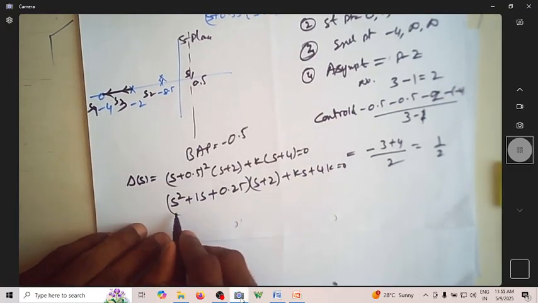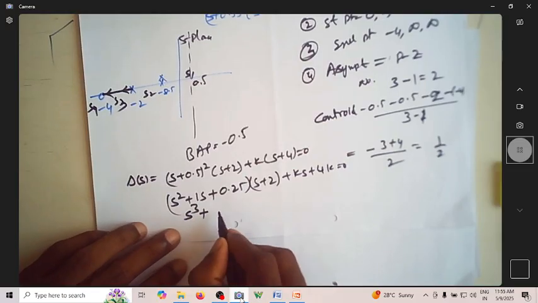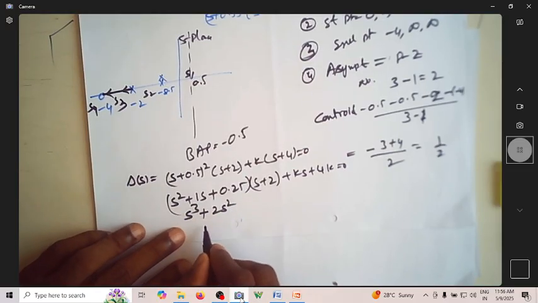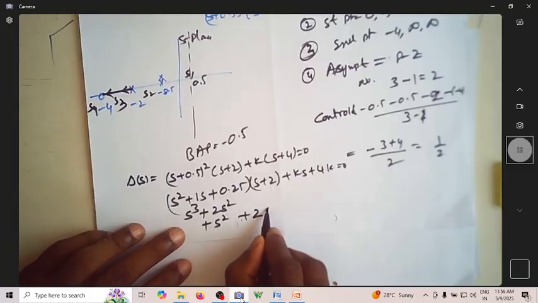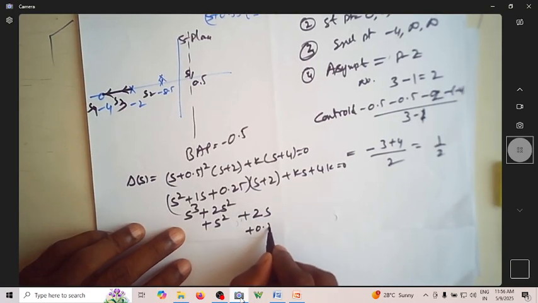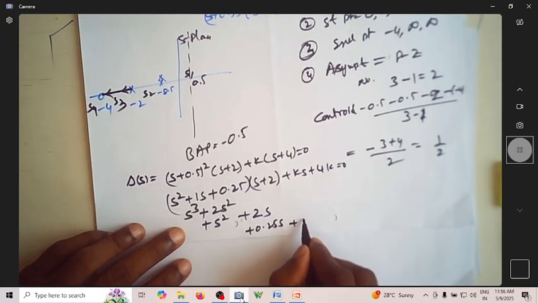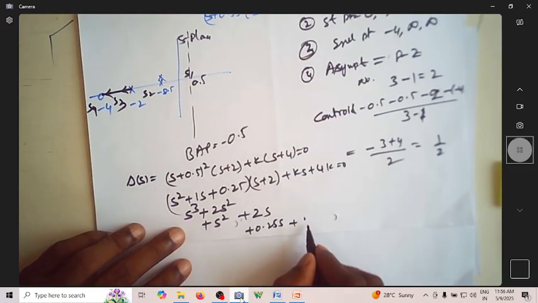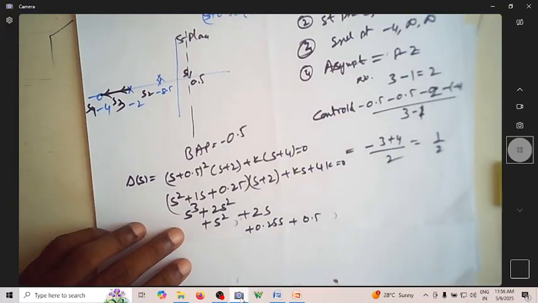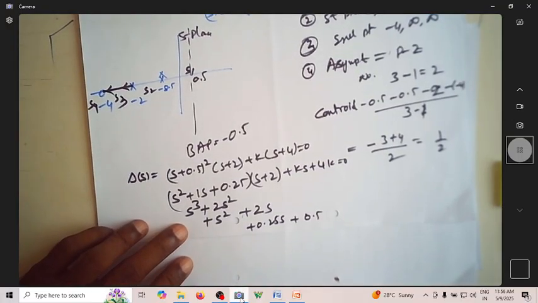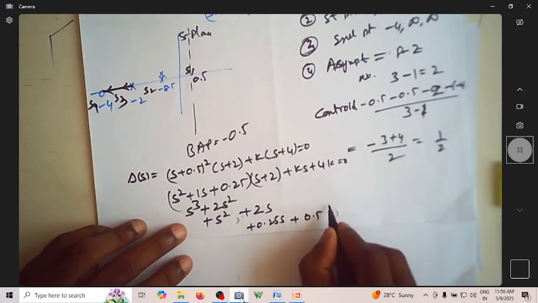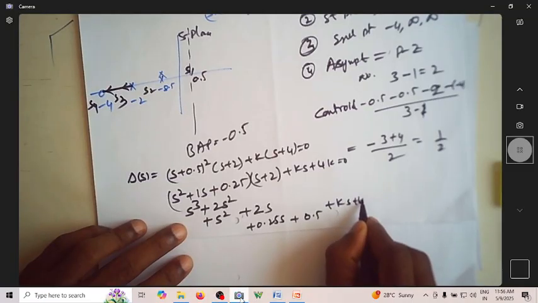Then this will become s cube plus 2s square plus s square plus 2s plus 0.25s plus, because 0.25 into 2 is actually 0.5, and of course plus Ks plus 4K.